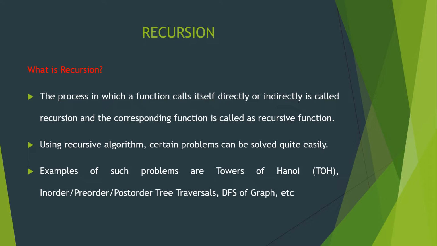Some examples of such problems are Tower of Hanoi, inorder, preorder and postorder traversals, depth first search of a graph, Fibonacci series, GCD of two numbers, etc. These are some examples of problems that can be solved using recursion.